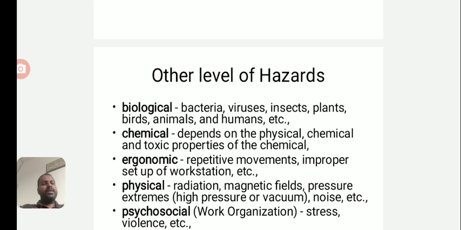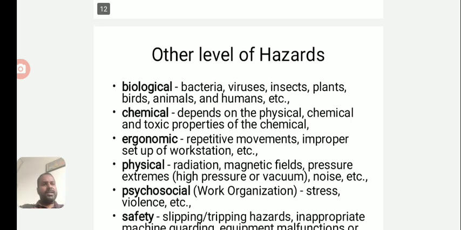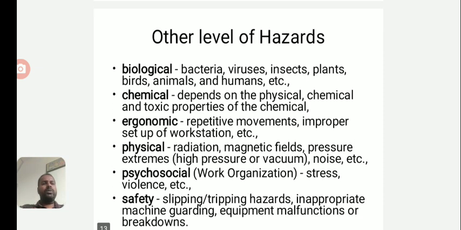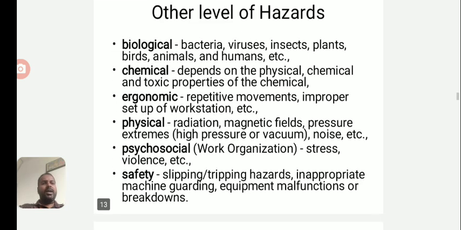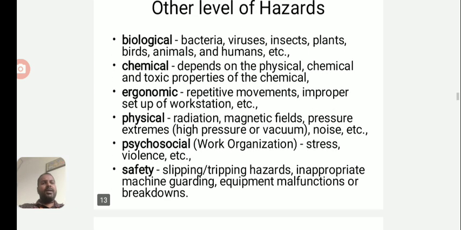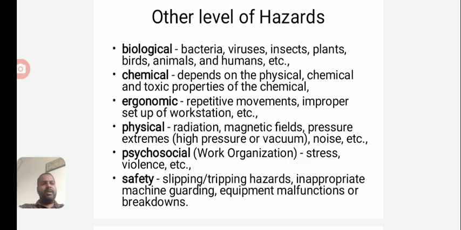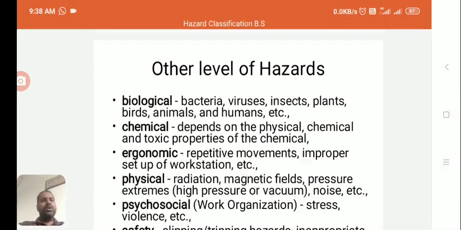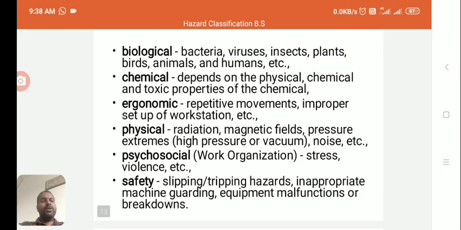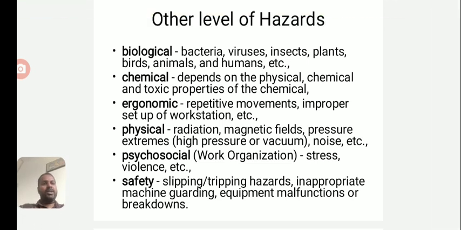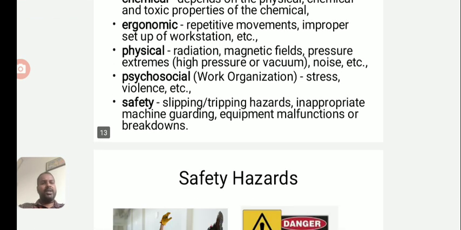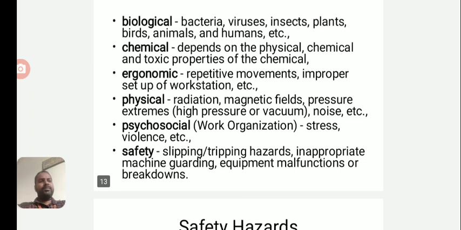At other levels, these hazards happen in only a few ratios comparatively, and they are all due to man-made hazards. So if we follow the rules and regulations, they will happen less. Thank you.